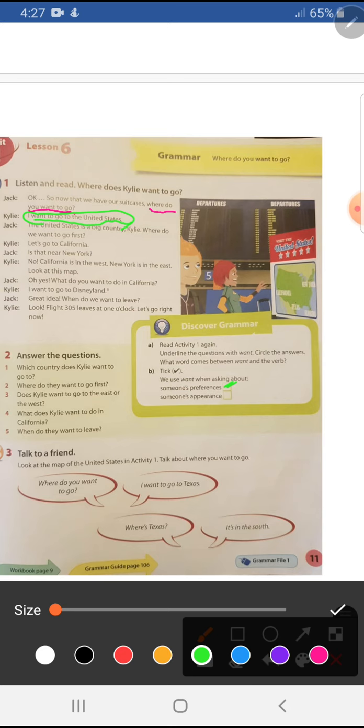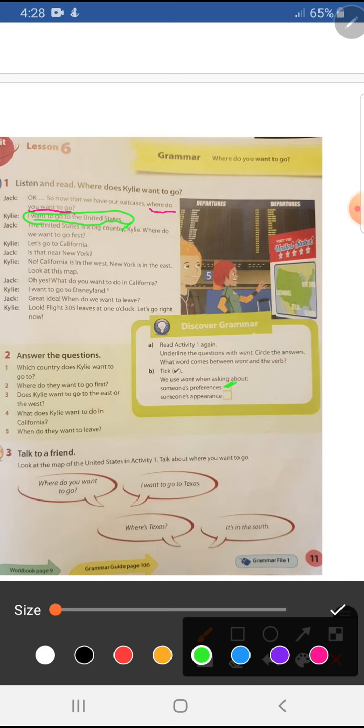Okay, now let's move to activity 2. Answer the questions. Which country does Kylie want to go to? It's mentioned in the text. So we have to find the answer from the text.